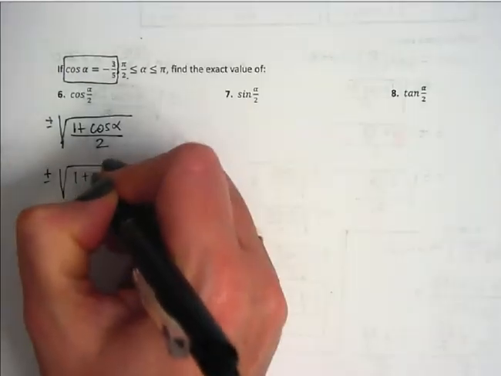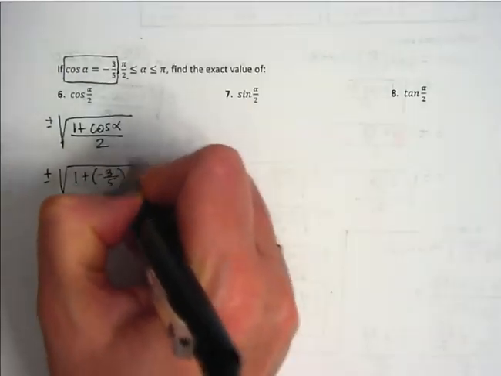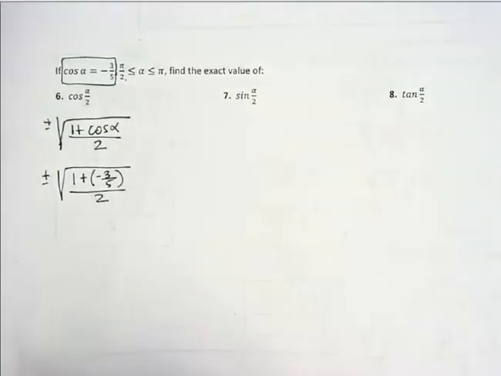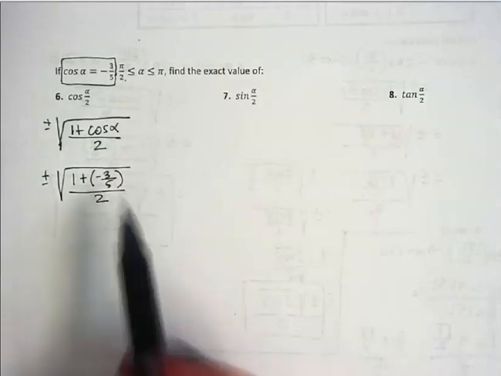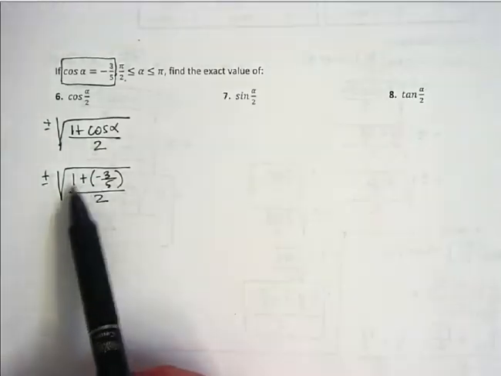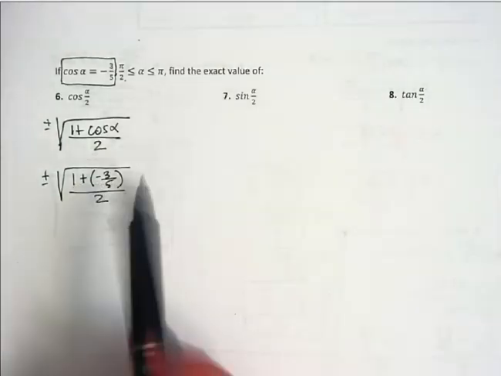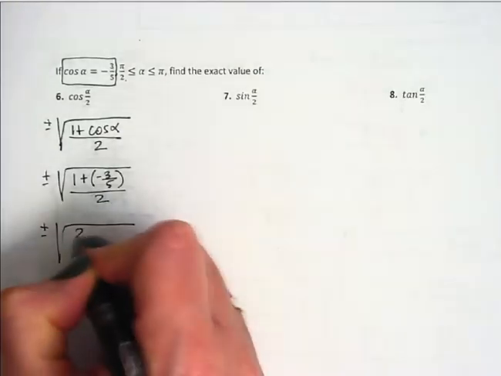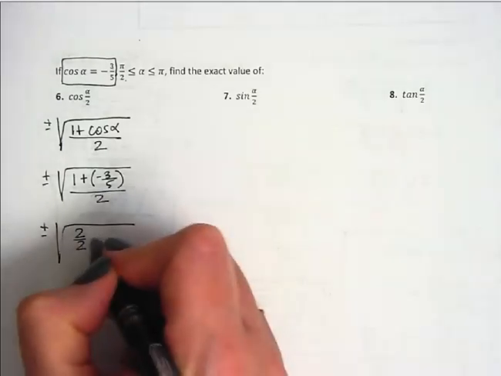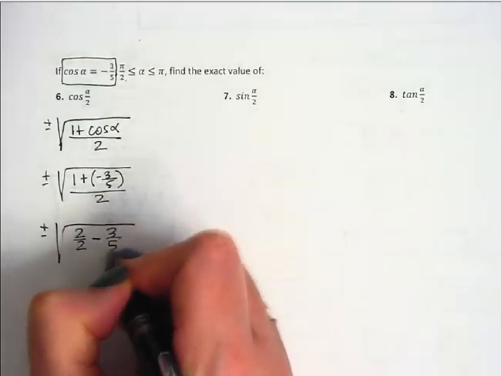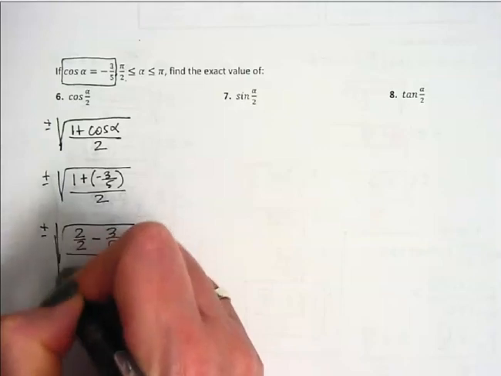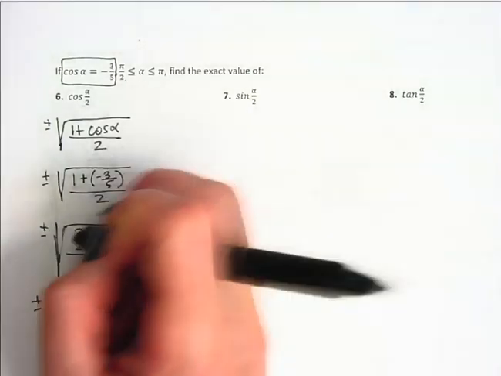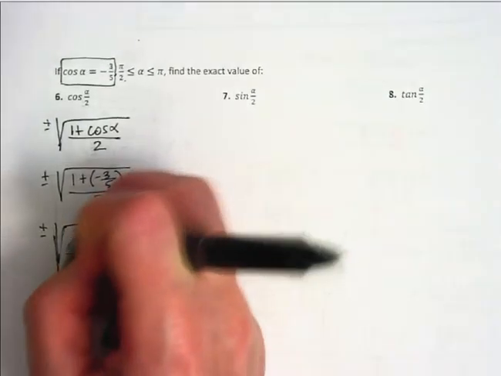So 1 plus -3/5 over 2. So this is going to be a keep, change, flip situation where I have to rewrite 1 in the numerator and then combine these two fractions. So I'm going to rewrite that 1 as 5 over 5, and then plus a negative is minus.